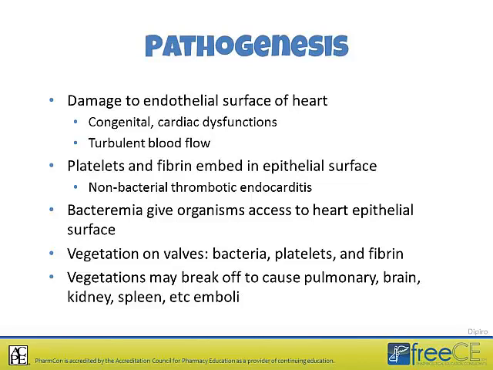Those are just some examples, but they can cause vascular manifestations anywhere. We'll talk a bit more about that when we get to the clinical presentation in just a couple of slides. But the really important thing to remember is that the damage first has to occur, and then you have to have a transient bacteremia that leads to the seeding of those platelets and fibrin that have deposited on the endothelial surface.